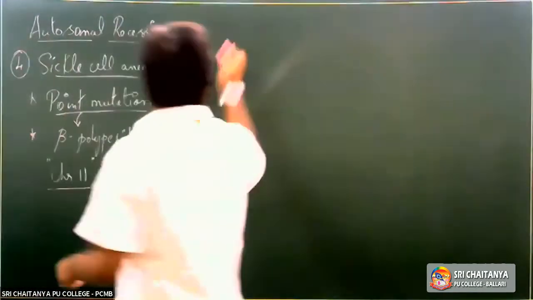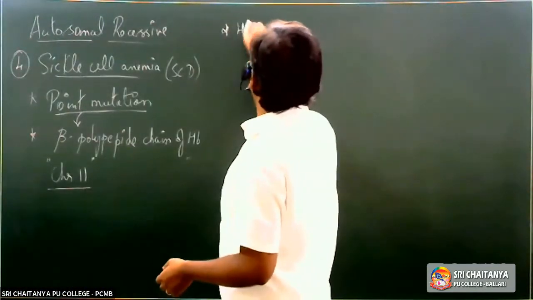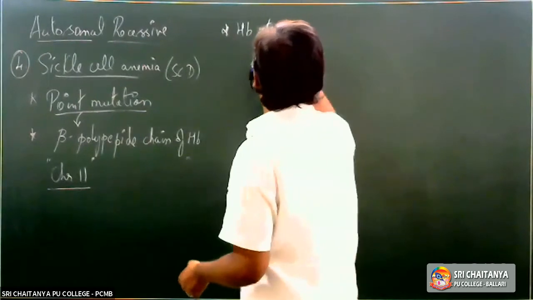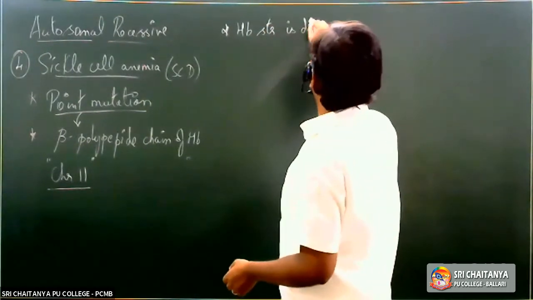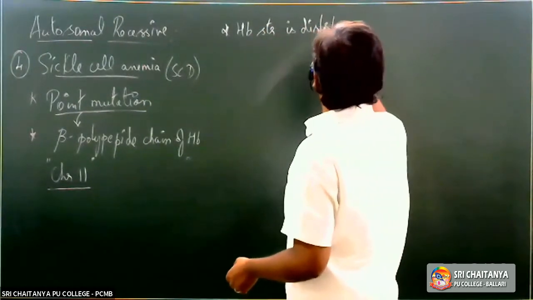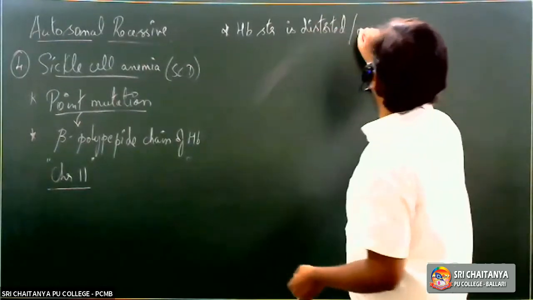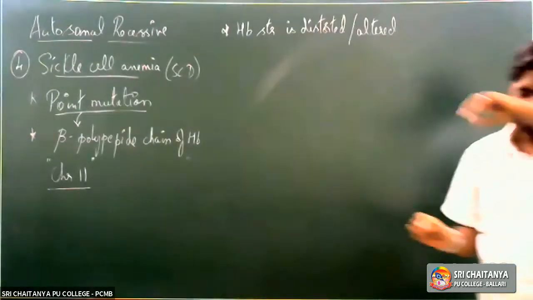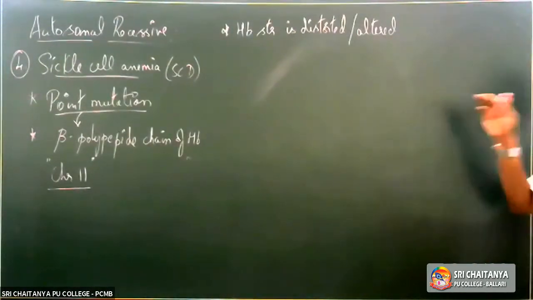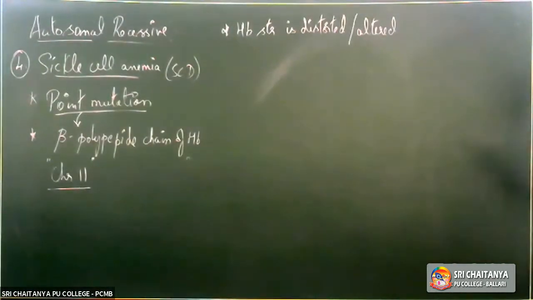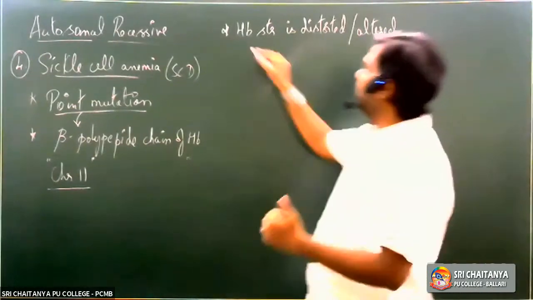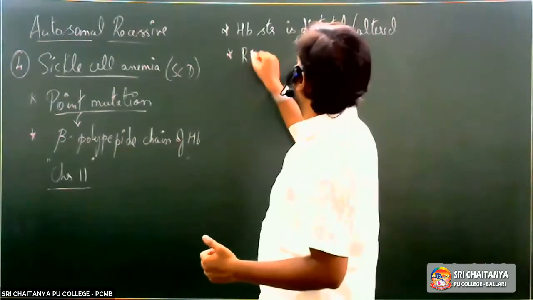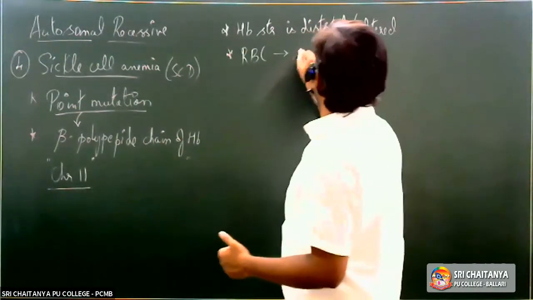Number one, hemoglobin structure gets distorted, or it gets altered. We can just take it down as altered, right? So hemoglobin structure gets altered. Now, because the hemoglobin structure gets altered, what would happen to the structure of RBC?